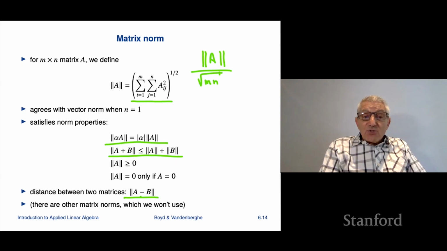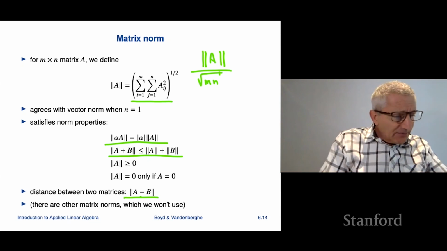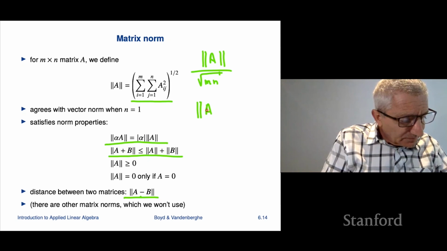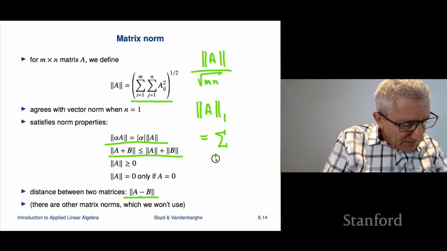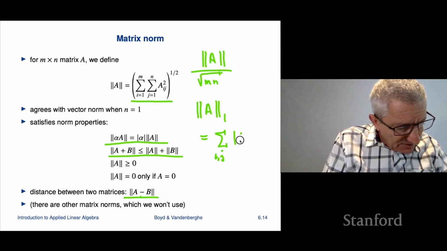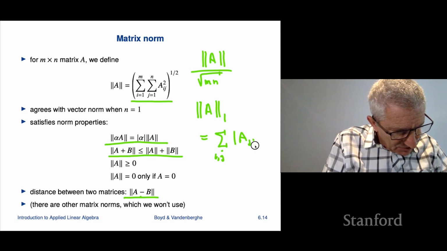We're not going to use those in this book or this course, but you should know they exist, and they're usually denoted by some kind of mnemonic. I'll just tell you one for fun. It's the sum over i and j of the absolute value of a_ij.